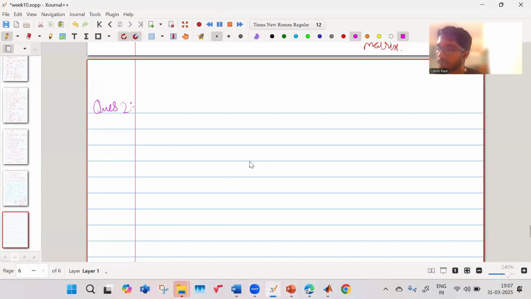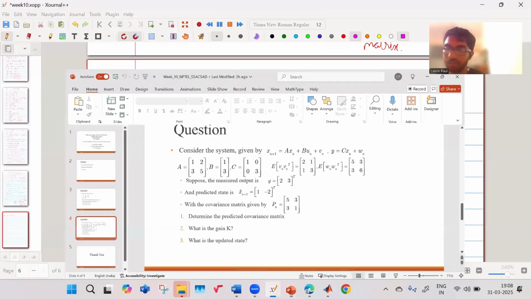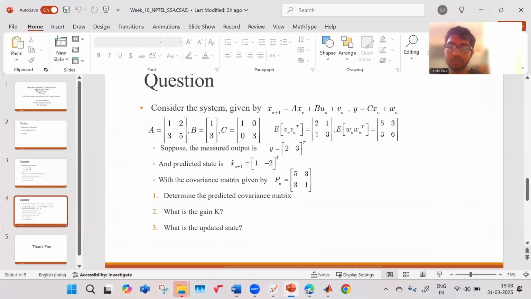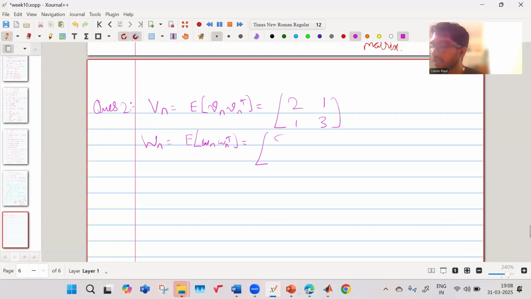So your capital Vn is the expectation of Vn Vn transpose, which is given by 2, 1, 1, 3. And your Wn is the expectation of Wn Wn transpose, which is given by 5, 3, 3, 6.